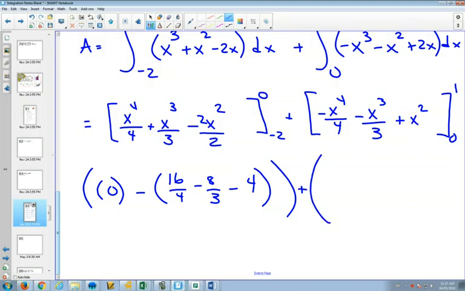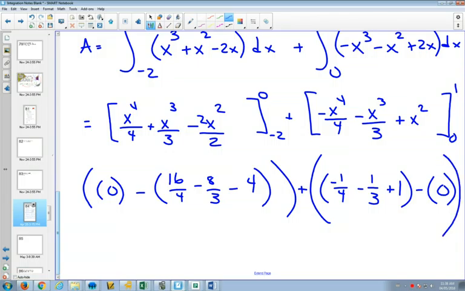Plus, plug in 1, I'm going to get negative 1 over 4 minus 1 over 3 plus 1, plug in 0. You will get 0. Close that bracket again.